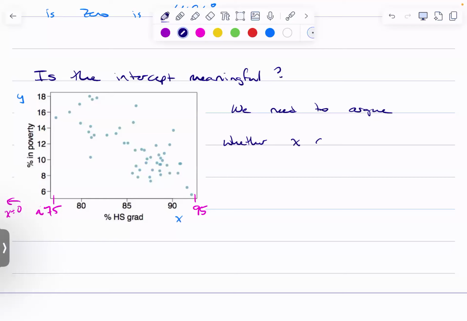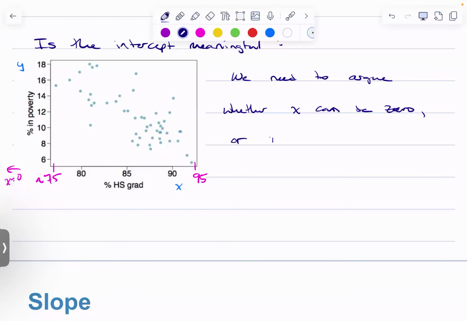There are no wrong answers, right? But in this case, I would expect you to kind of argue, no, we see that the percentage of high school grads of 0 isn't on our scatter plot.